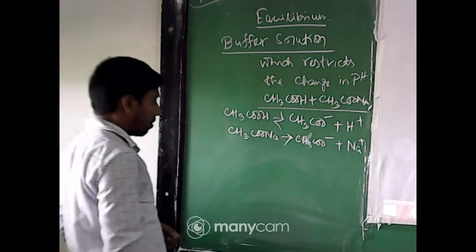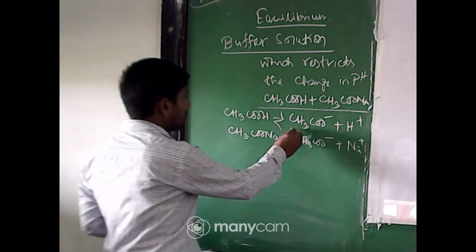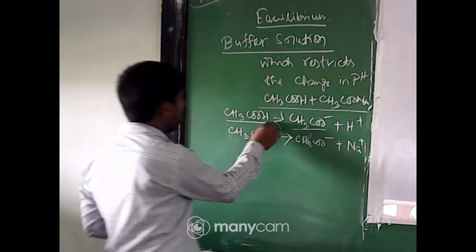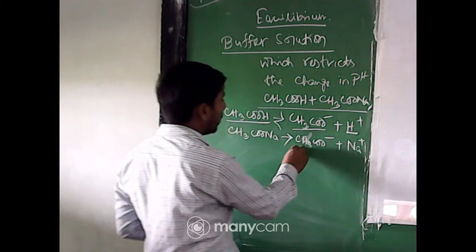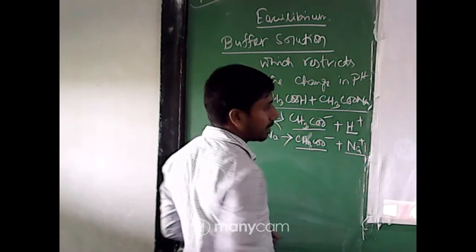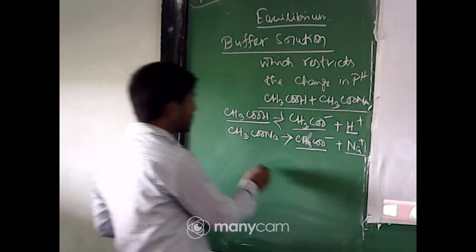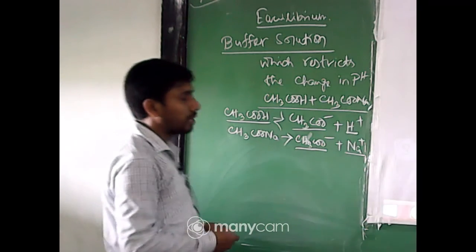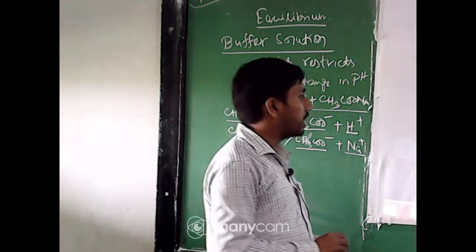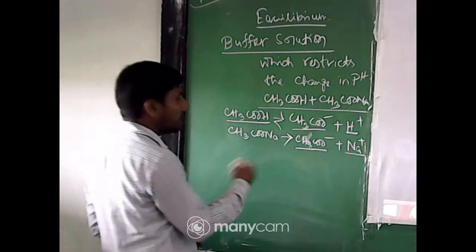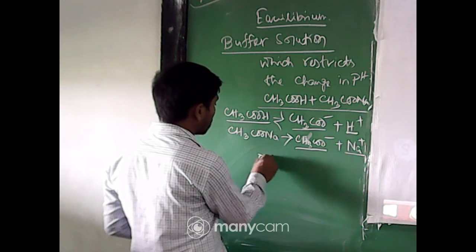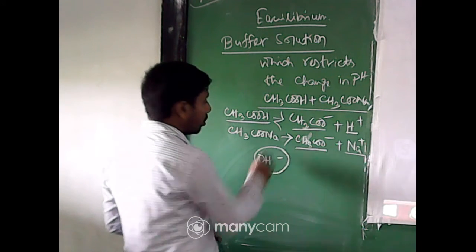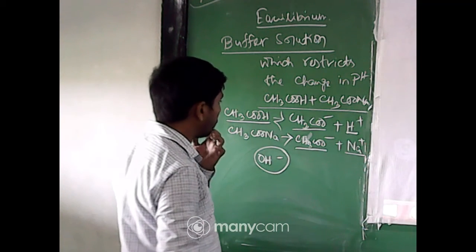Now, in the solution there is a combination of acetic acid, acetate anion, H+, here also acetate anion and Na+. Take an example where we are adding base to the solution, and see how it restricts the change in pH. The base we can symbolize as OH-.